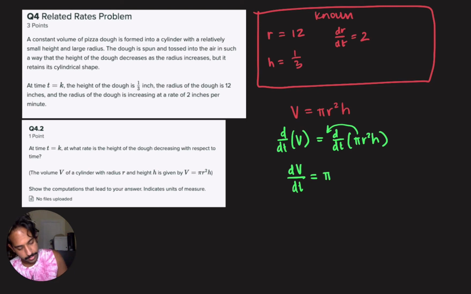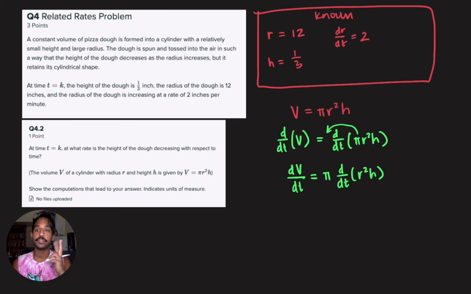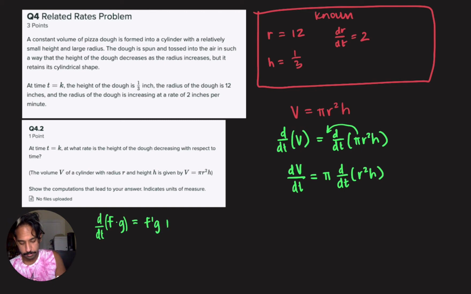So pi times the derivative with respect to time of r squared h. These are two variables being multiplied, which means I'm going to need to apply the product rule. As a reminder, if two things are being multiplied and we're finding the derivative, that is going to equal f prime g plus f g prime.